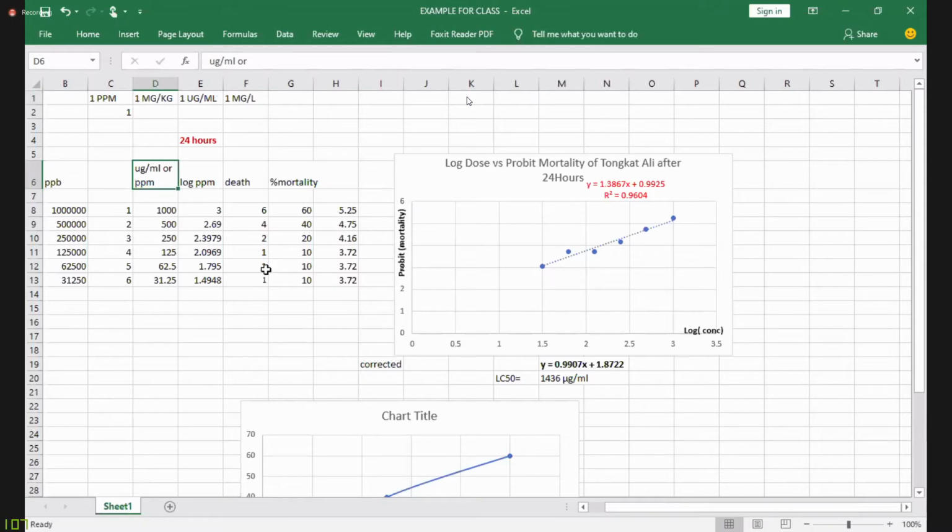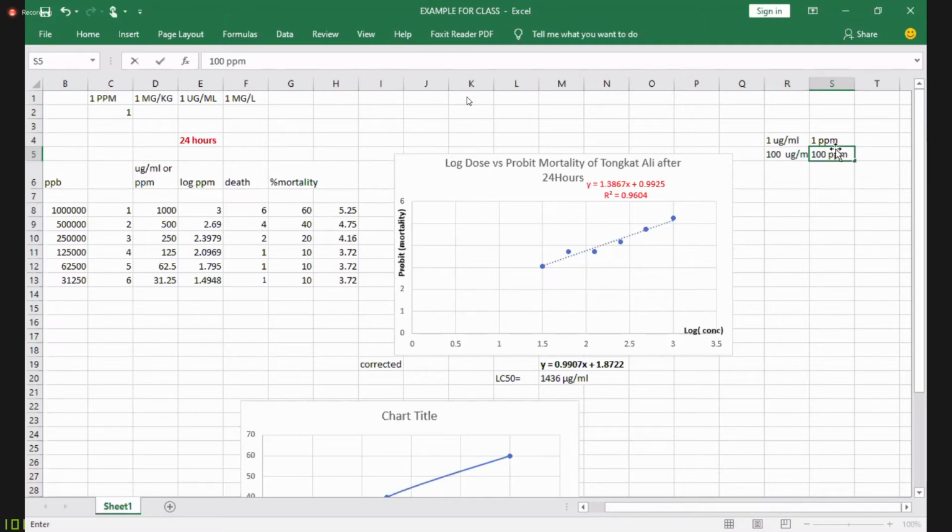So if your concentration starts with 1 microgram per mil, that is already 1 parts per million. 100 microgram per mil is 100 parts per million.